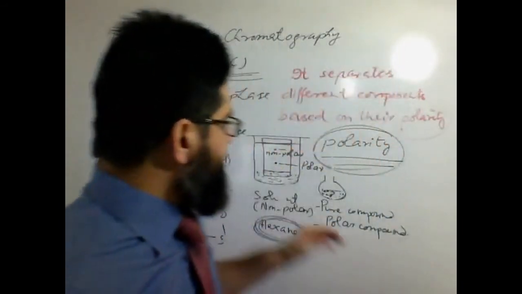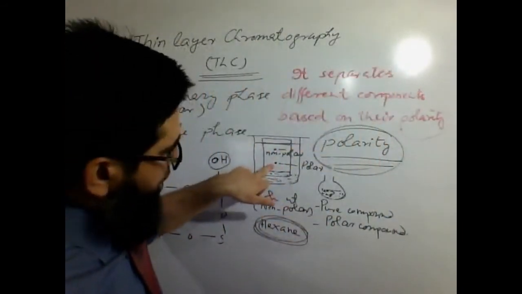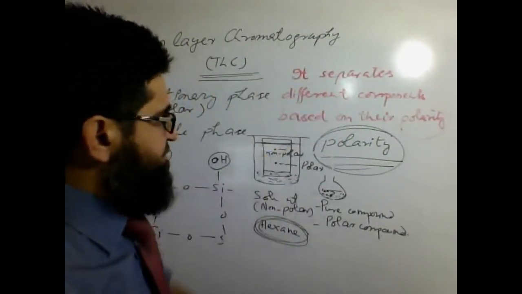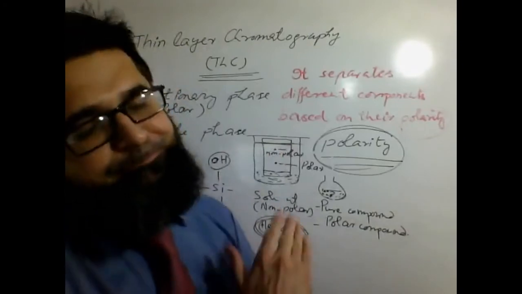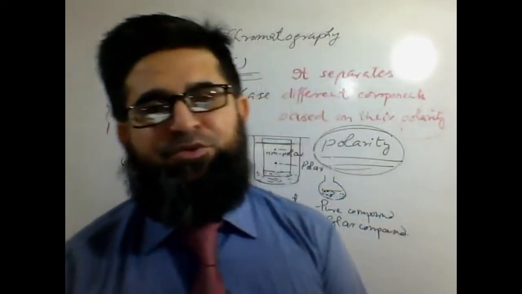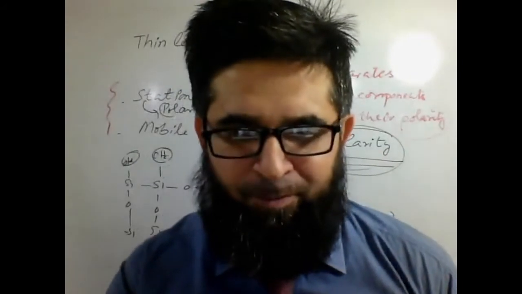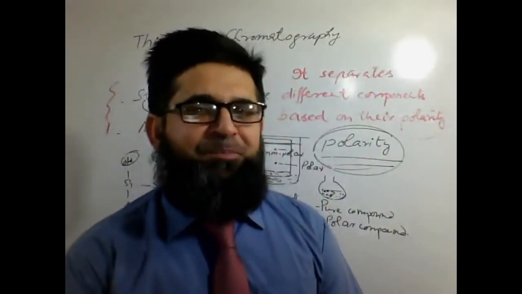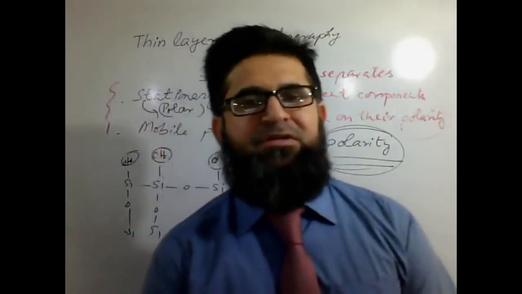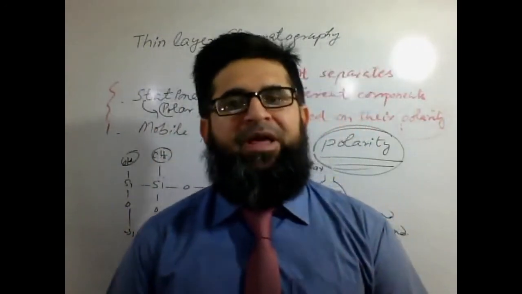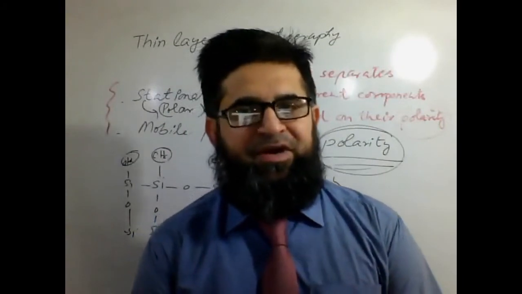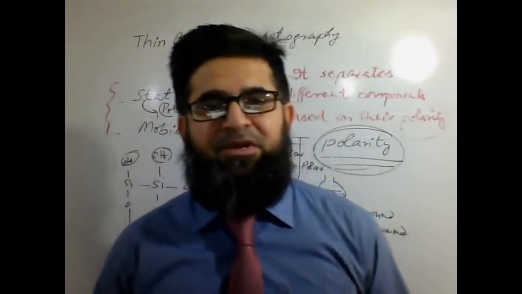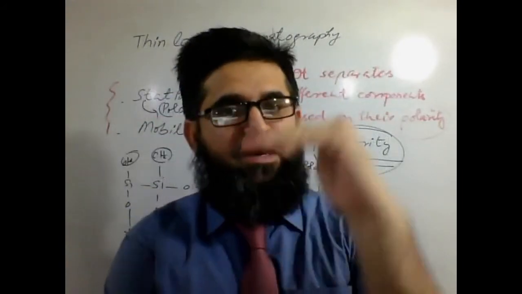So the spots which are closer to the base are supposed to be the polar ones. The spots which are a bit higher on the TLC plate are supposed to be the non-polar ones. So this is how thin layer chromatography could help you to identify the nature of the sample, whether it's polar or non-polar.